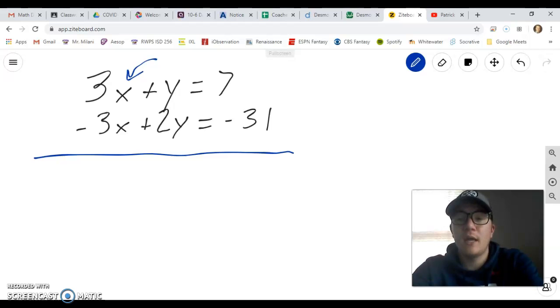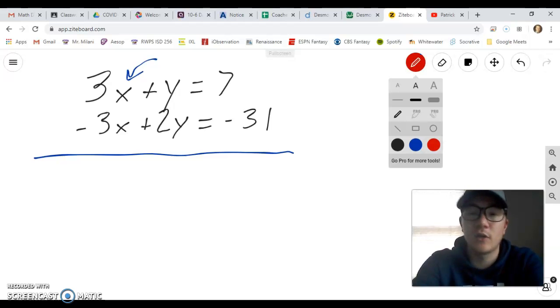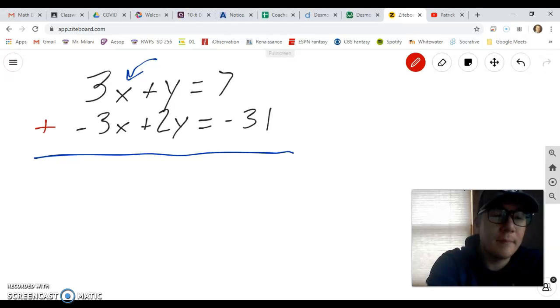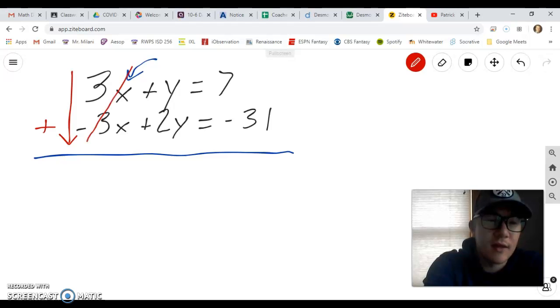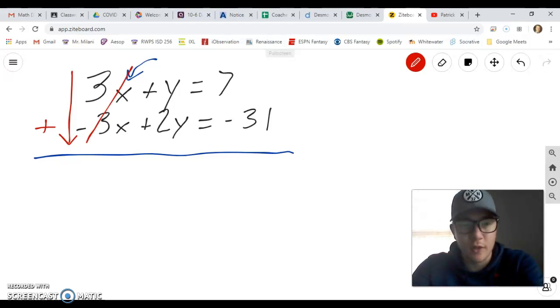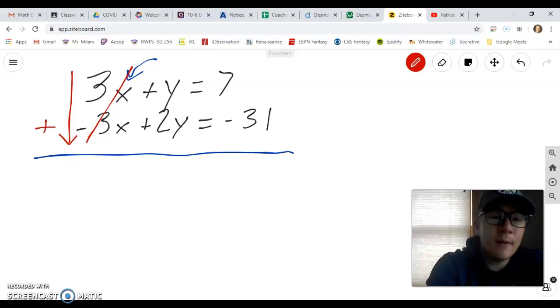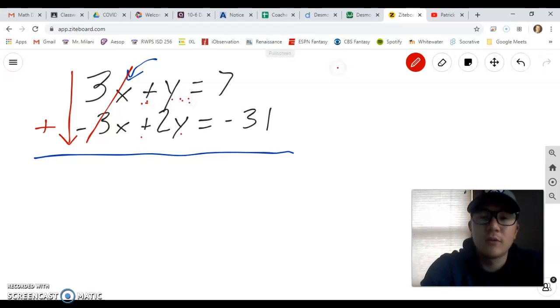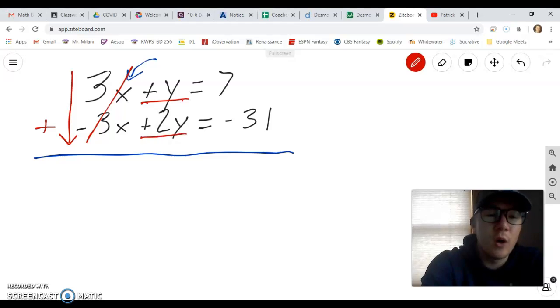So we are going to go ahead and combine all the like terms. We're going to add from top down, right? So 3x plus a negative 3x, they're gone. That cancels. It's 0. There's nothing coming down from that. Y plus a 2y, you're going to end up with a nice 3y.